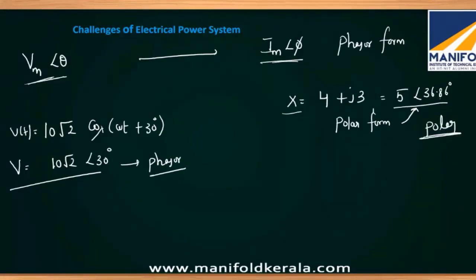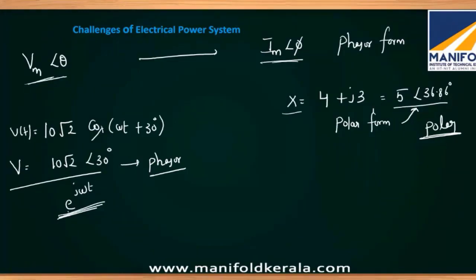They are different. Sir, why are they different? Because in every phasor there is an e power j omega t term which we have omitted, whereas there is no such term in polar numbers. Every phasor contains a term e power j omega t.